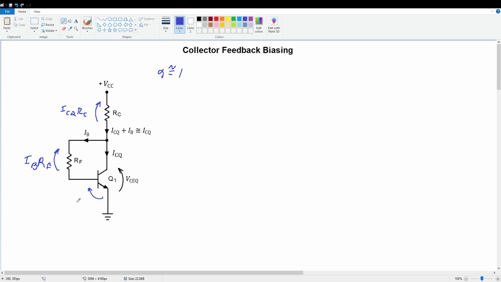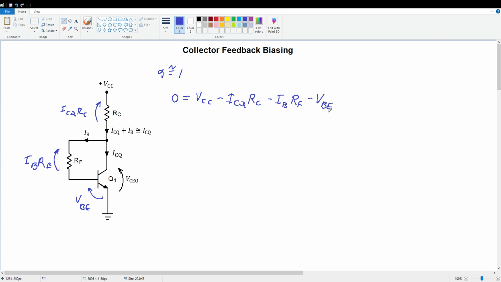And here we've got VBE. So writing the KVL equation, working from the top through this path to ground, we get 0 equals VCC minus ICQ times RC minus IB times RF minus VBE.